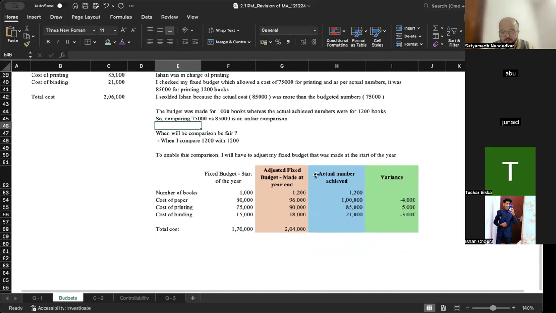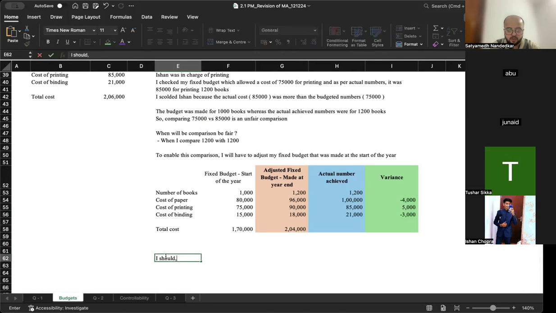Why? Because as per the adjusted fixed budget, he was allowed to spend 90,000, but he only spent 85,000. I should, on the contrary, reward Ishan because for 1,200 books, he was allowed to spend how much?